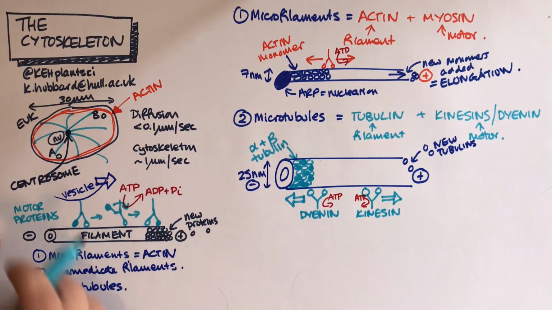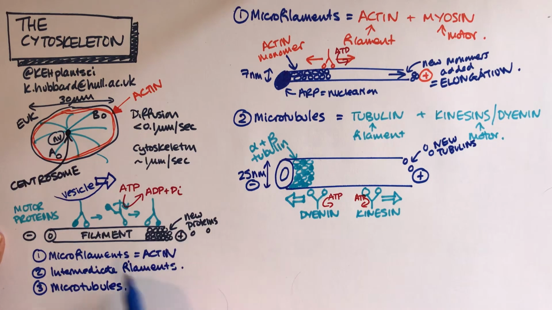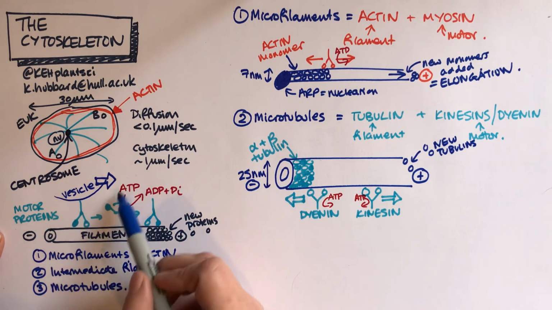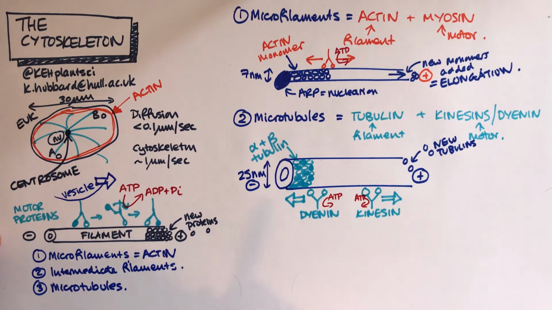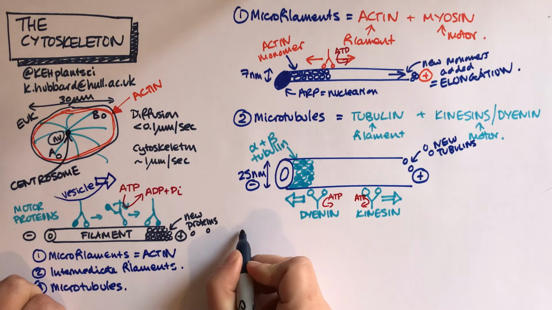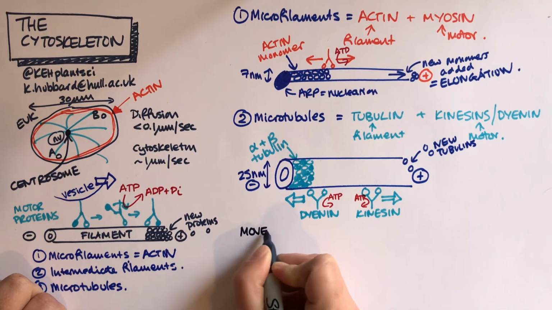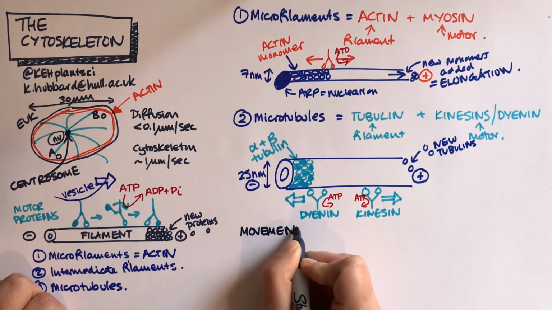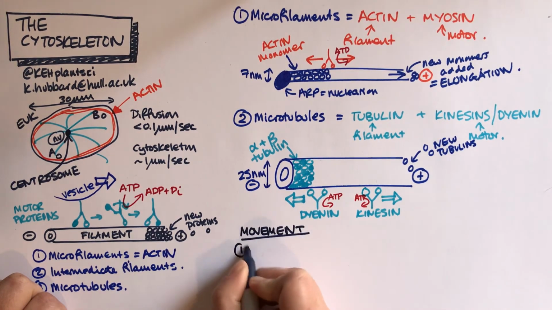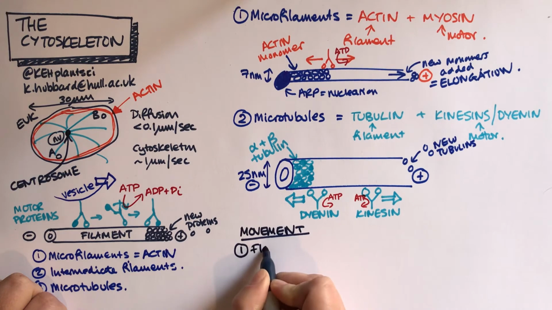Okay. So we can have these structures move, causing movement of vesicles inside the cell, but we can also have gross movement of entire cells using these systems. There are two different systems. One, we could think about the flagella.